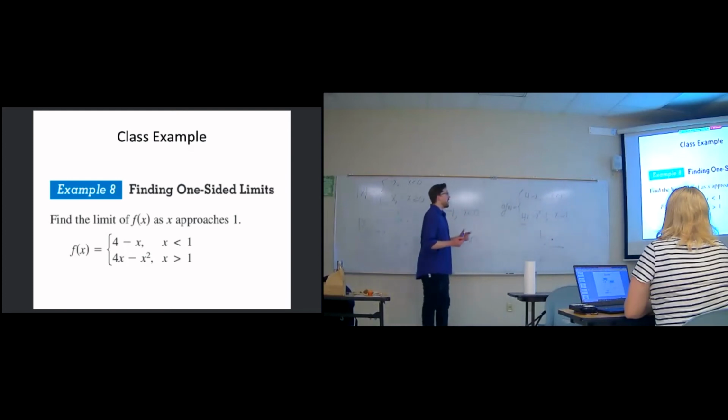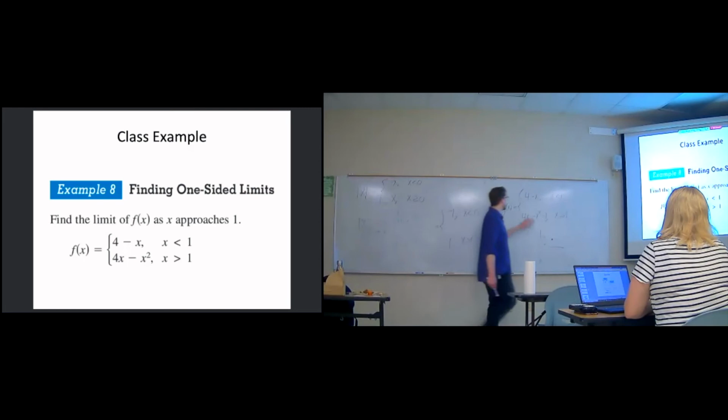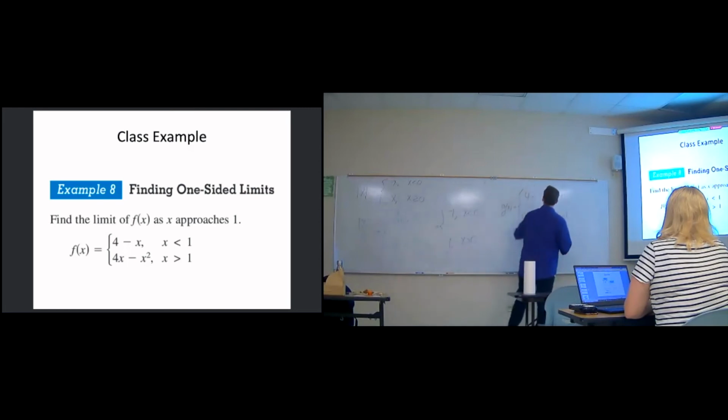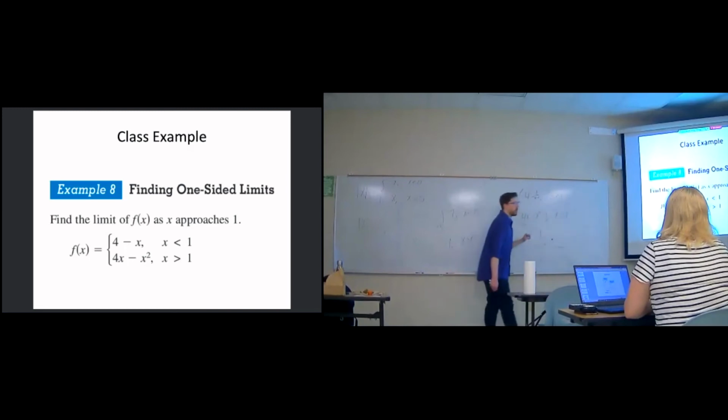We could have also easily said something like 1 over x minus 1, which would cause us more headaches, right? Because this is discontinuous in and of itself at 1.